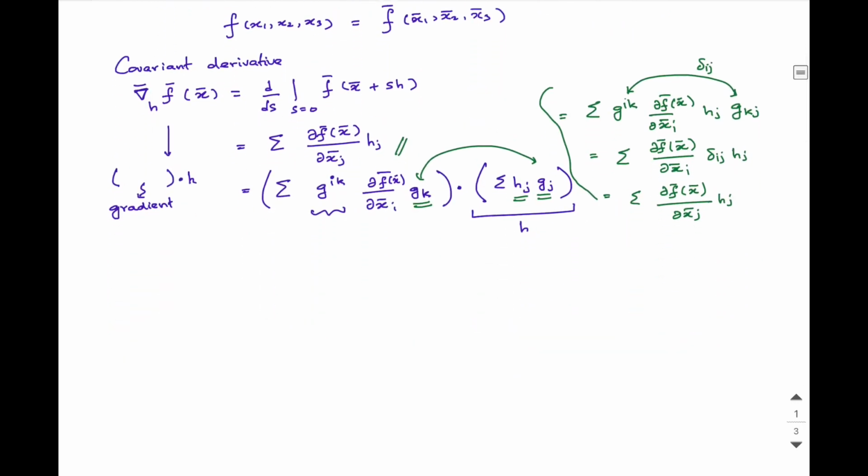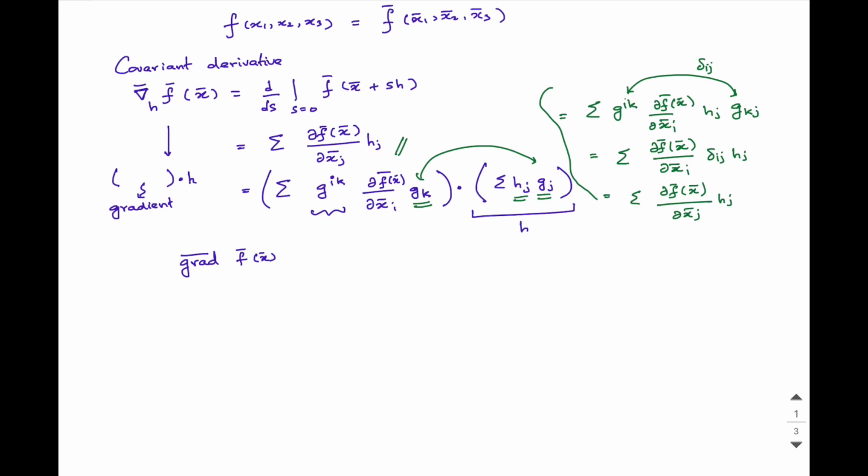So that immediately tells you that the gradient of f bar at the point x bar, and to represent the fact that the gradient here is with respect to x bar, I'm just going to use this strange symbol, gradient over bar. This is just to distinguish this gradient from the gradient with respect to the Cartesian coordinates.